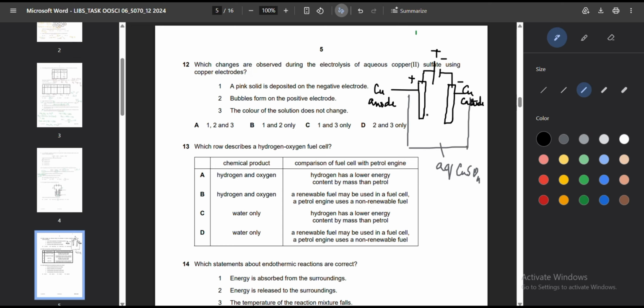What will happen? The copper ions will move from the anode into the solution, and from the electrolyte, these copper ions would get deposited on the copper cathode as pink solid.